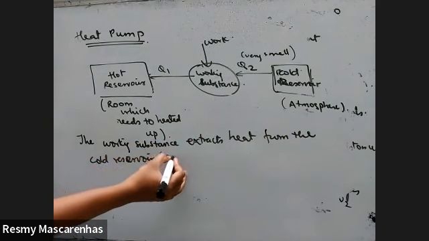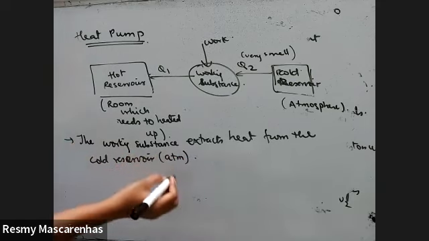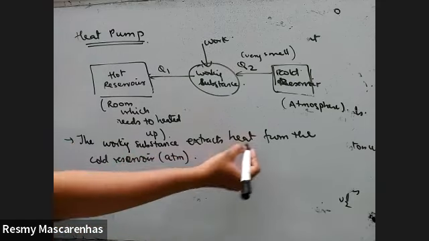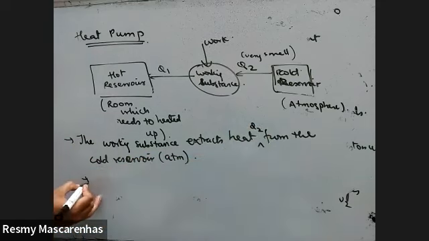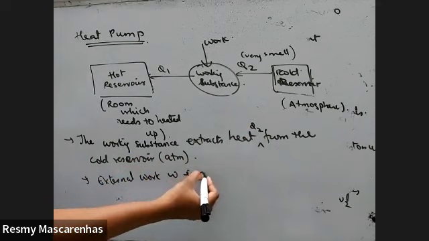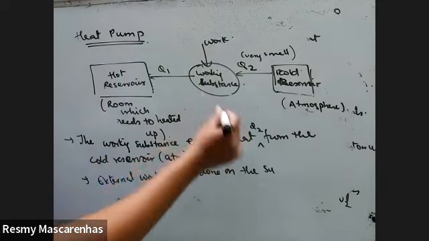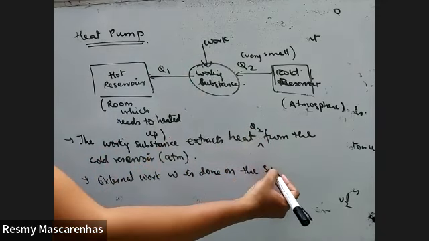The cold reservoir, now you know it is the atmosphere. Q2. External work W is done on the working substance. Same, this is what you have to explain, like the refrigerator.